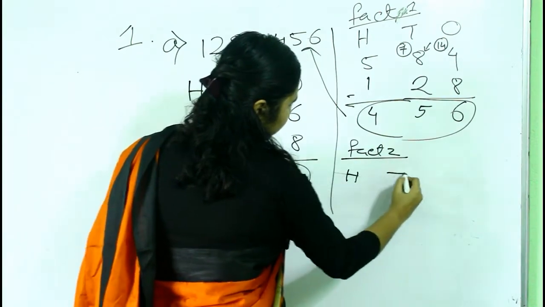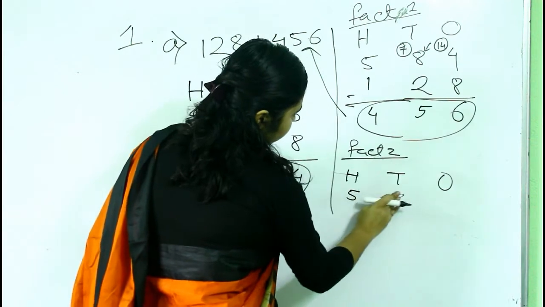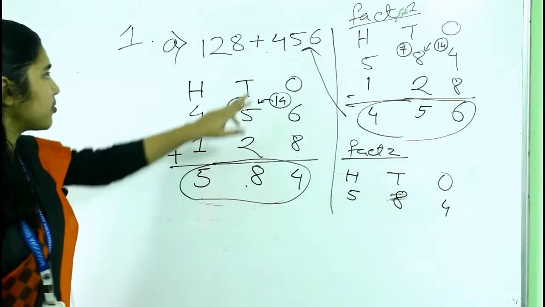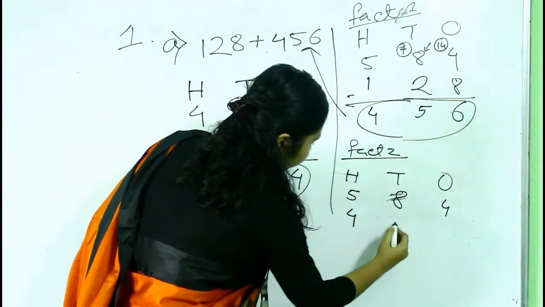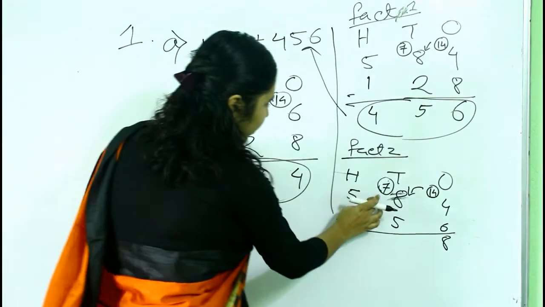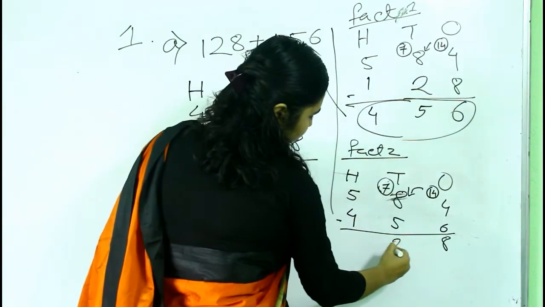And again take this sum, 584, and subtract the other number, which is 456. Now 7 is more than 5, so subtract 5 from 7, which is 2.